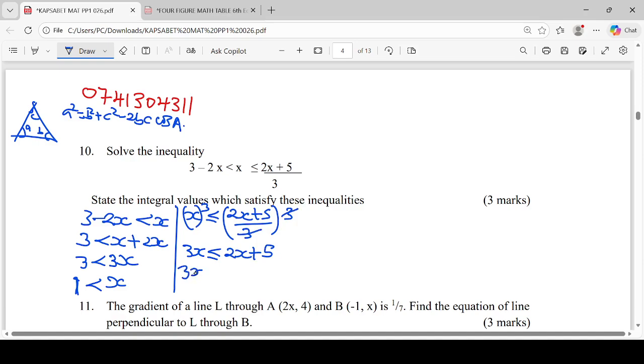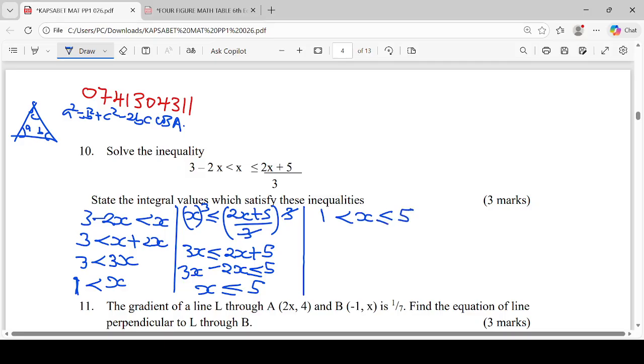So 3x minus 2x is less than or equal to 5. It means that x is less than or equal to 5. After getting x being less than or equal to 5, remember that, so 1 is less than x, which is less than or equal to 5.